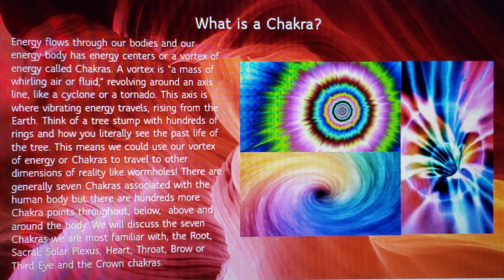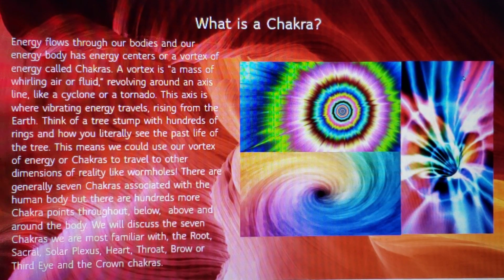So generally I'm just going to talk about 7 chakras that are associated with our human body, although there are hundreds more throughout our body, different chakra points. But we're going to talk about the main 7 for the next few months, which is the root chakra, which we discussed last month, April.